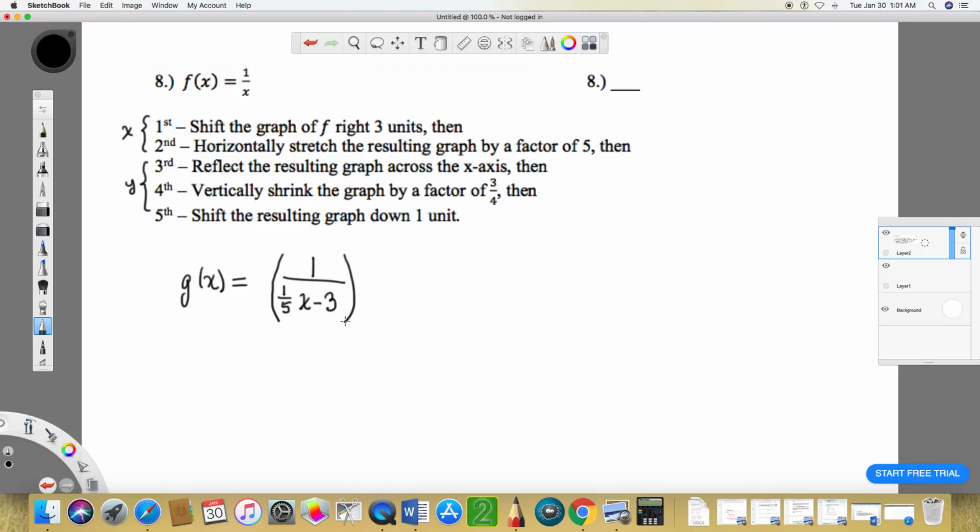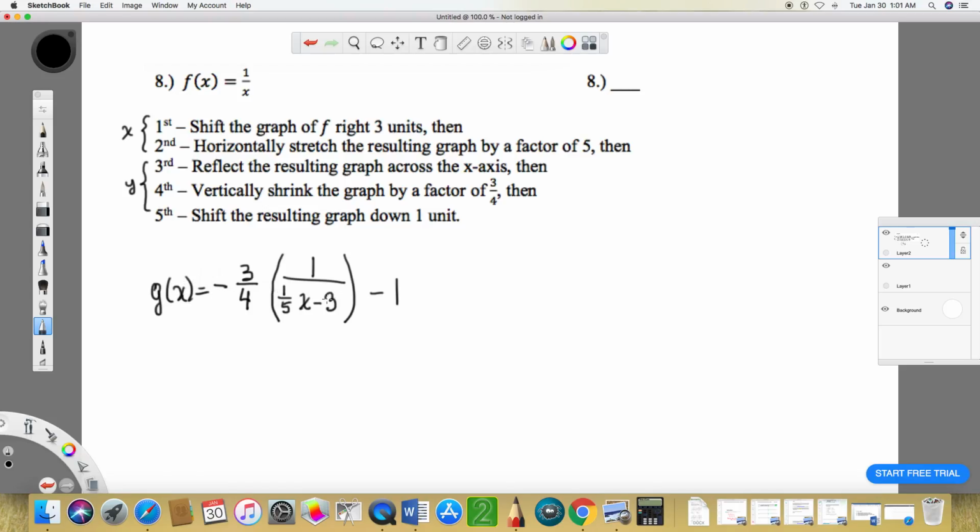This is the output now after these transformations, and to reflect this graph across the x-axis, we put a negative sign on the outside after we've applied the function, which is the reciprocal function, and then to vertically shrink the graph, I need to multiply. So I need this to be a reflection and multiply by 3/4, and then push the graph down 1 unit. So this is my final answer.